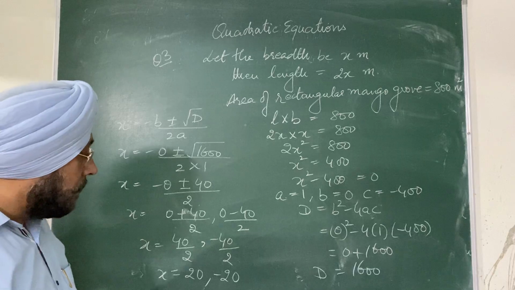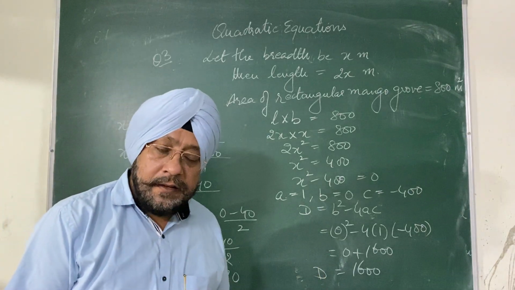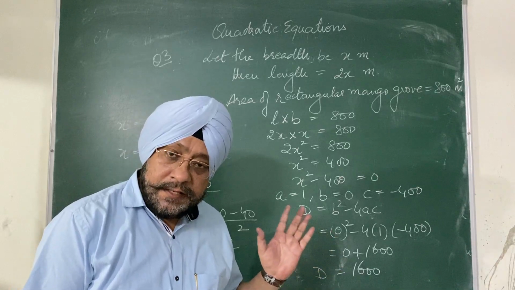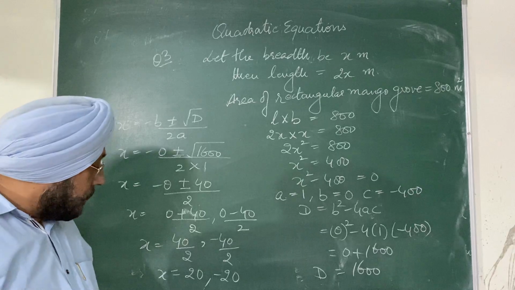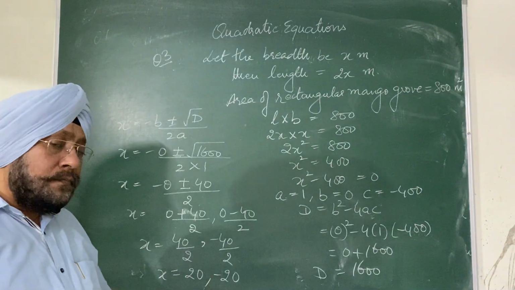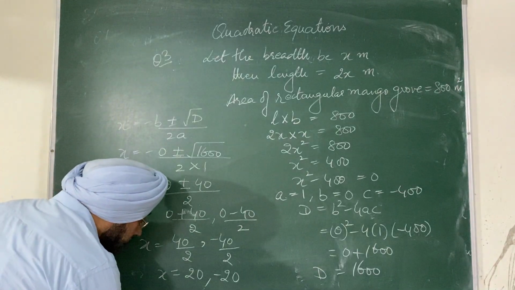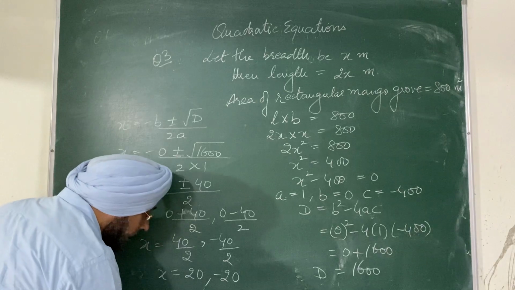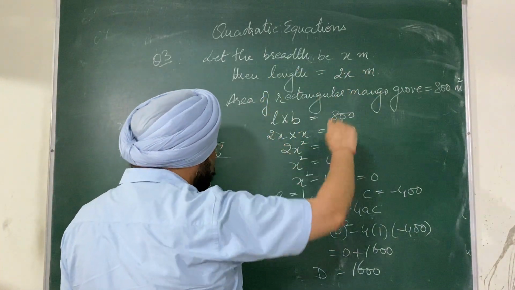Since we know that the length of any rectangular field or any linear figure cannot be negative, it means x equal to minus 20 can be rejected. So it means x is equal to 20. We supposed breadth is equal to x.